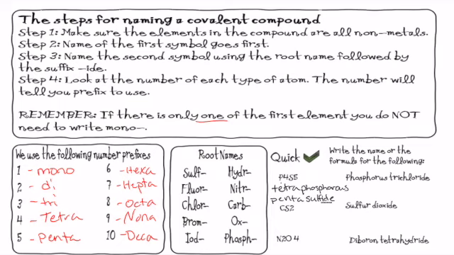Okay, look at the next one. We have 1 carbon, so carbon. We have 2, di, and it's an S again, so sulfide. Okay, the next one, we have 2 nitrogens, so dinitrogen. Now we have 4, and whenever you're using oxygen, you can leave off the a, so tetroxide.